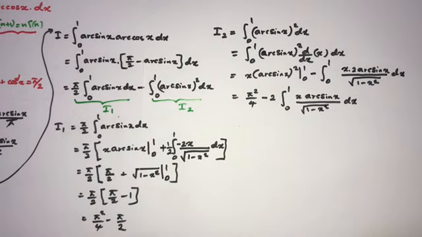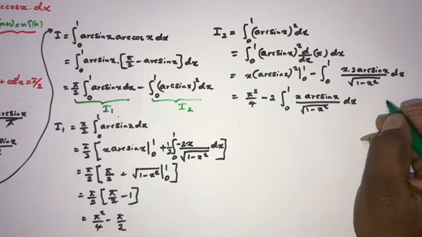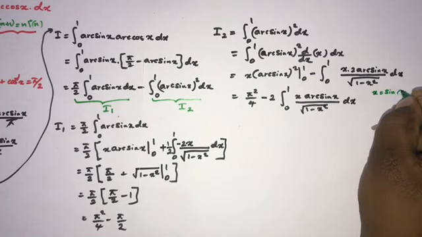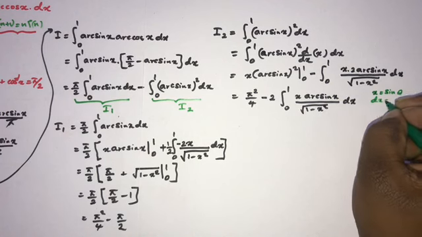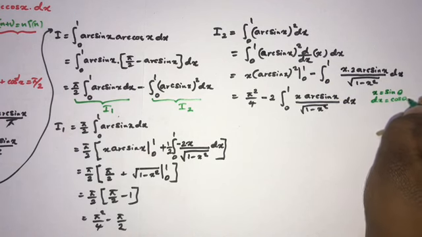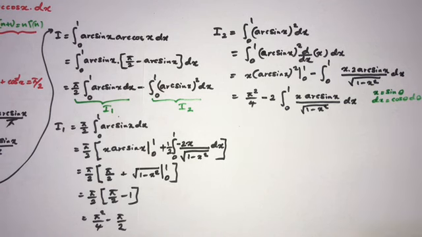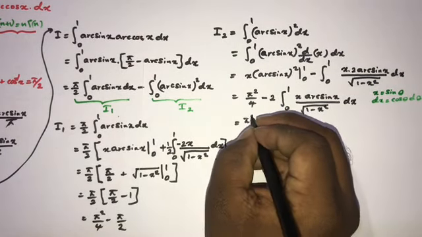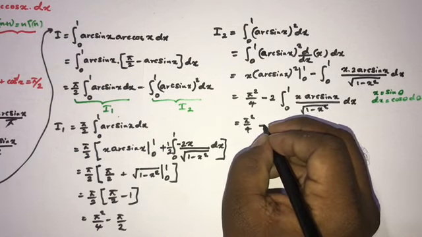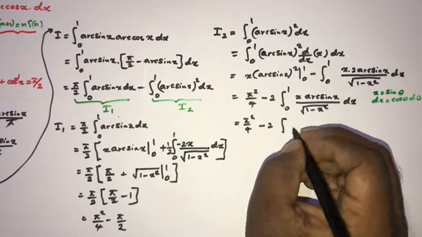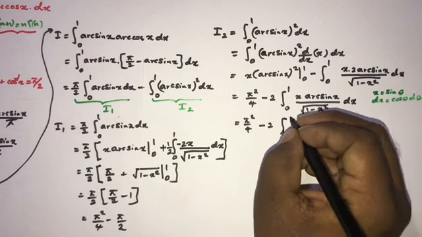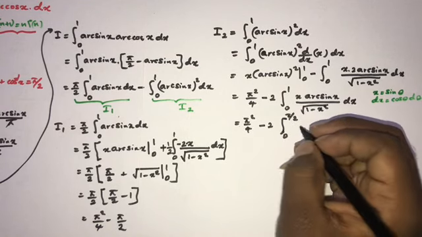Well, now to evaluate this integral, I am going to use a substitution. So if we take x equal to sine of theta, then dx is equal to cosine of theta d theta. Then we can plug in here pi square over 4, here minus 2. Now the limits change, so 0 to pi over 2.